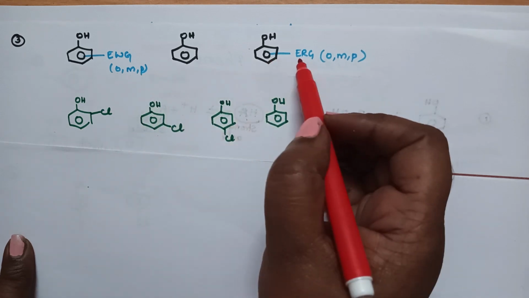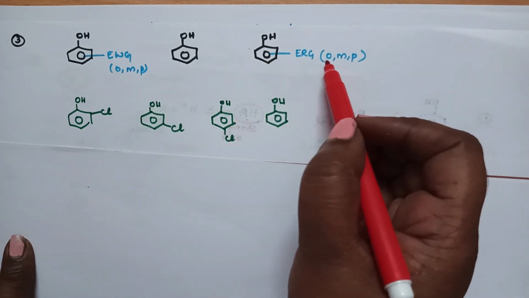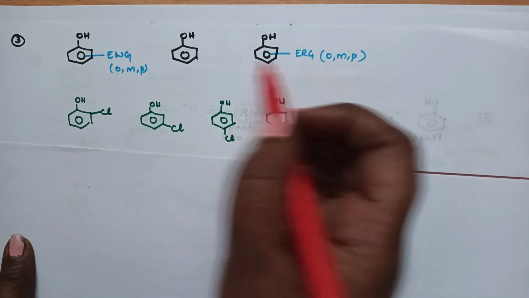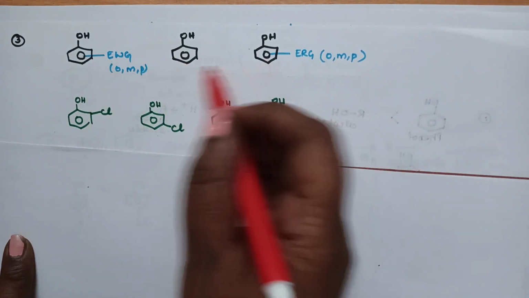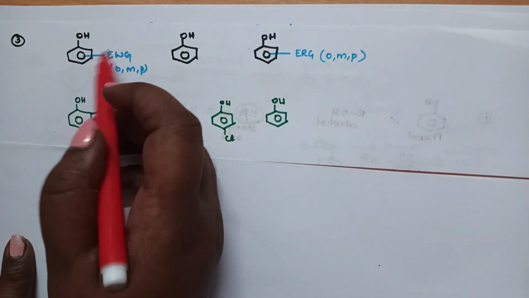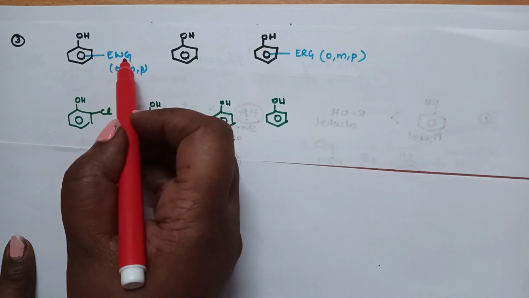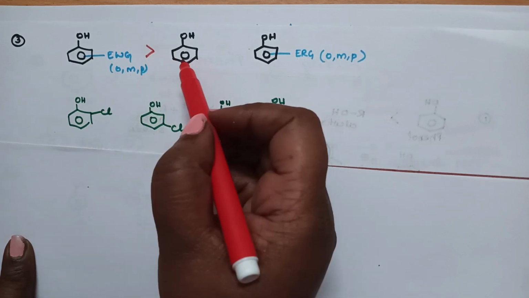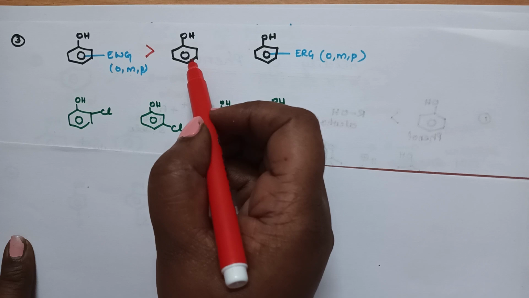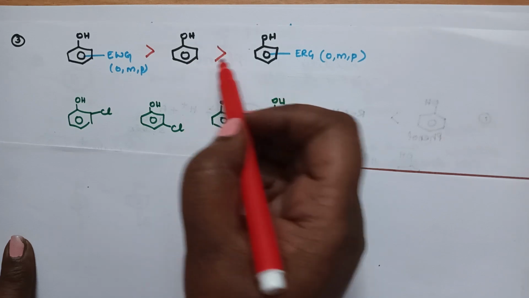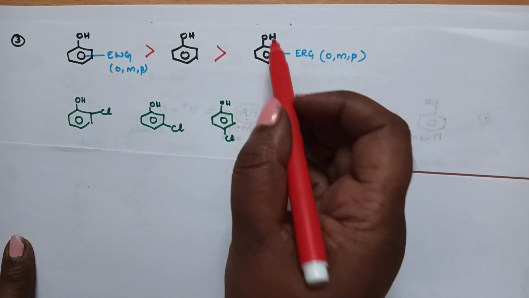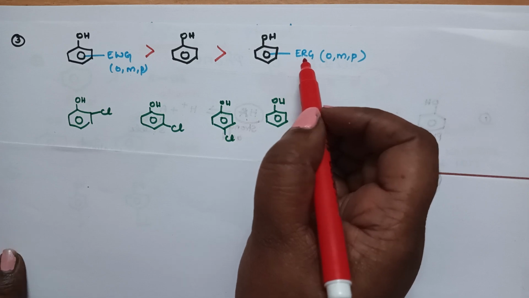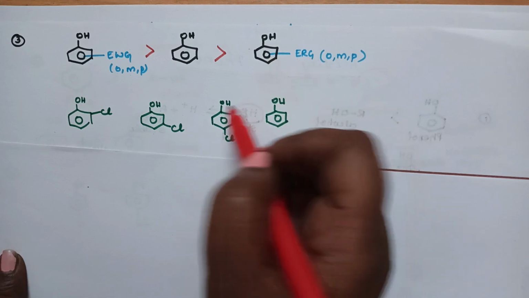And to the phenol attach electron releasing group at ortho, meta and para position. So if you compare the acidic strength, so here phenol to which electron withdrawing group is attached will be more acidic when compared to phenol, and phenol in turn will be more acidic when compared to this structure where electron releasing group is attached to phenol.